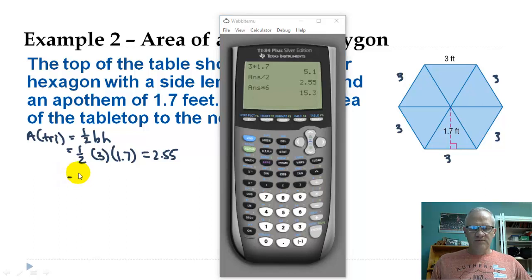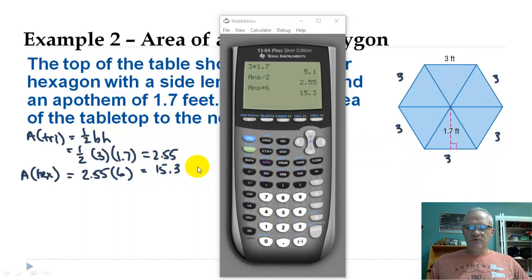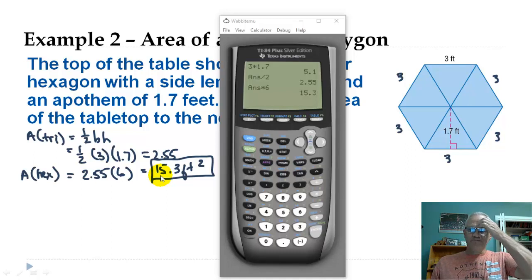So the area of the hexagon is 2.55 times 6, which was 15.3. And since it's feet, remember feet squared. Remember square units when we do area.